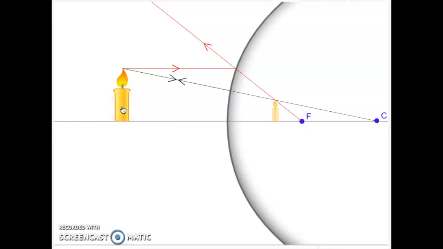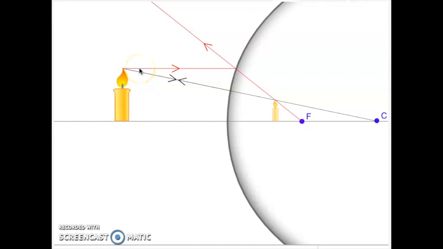But notice that our patterns for ray 1 and ray 2 are the same. Ray 1 starts from the top of the object, goes to the center of curvature, and because, notice right here, this meets the mirror perpendicularly, the light hits the mirror and bounces back, right? So this black ray right here would extend back out over here.